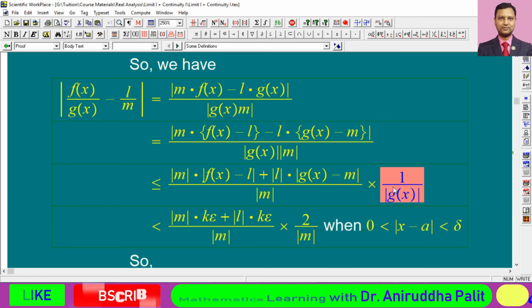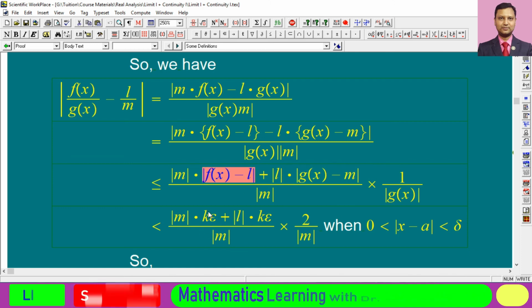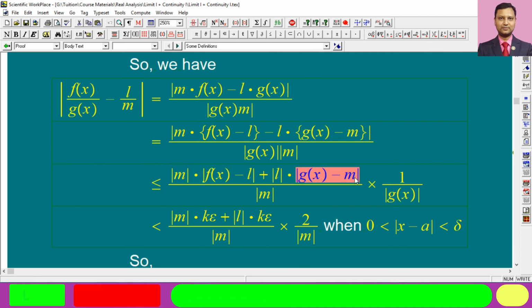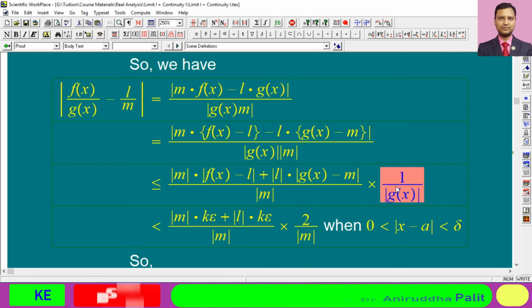And you see that this expression over here is less than epsilon, k into epsilon, this f(x) minus L is less than k into epsilon, this quantity is also less than k into epsilon. And what about this 1 by modulus of g?